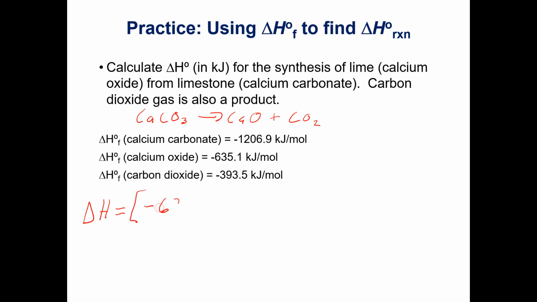So we have negative 635.1 kilojoules per mole, and I'm going to put this in parentheses just so that positive and negative signs don't run into each other. Then negative 393.5 kilojoules per mole.